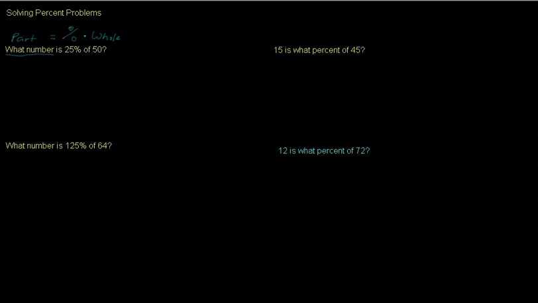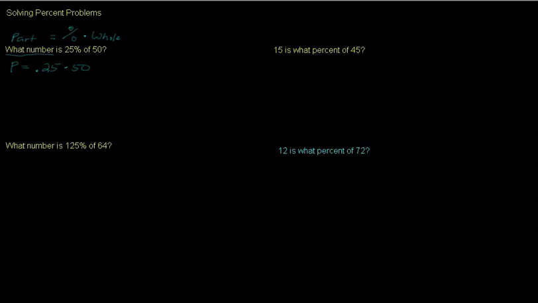So when we go to solve this, let's just use P equals. We're going to take the percent, but we have to turn it into a decimal, and then we're going to multiply by 50.